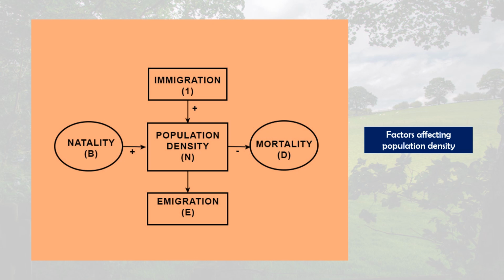So this will increase the population in an area, which gives us positive or high population density. In the case of mortality, that is death of organisms, and emigration, meaning migration of individuals outside the considered area, this will decrease the population density of the considered area. So these are the factors that greatly affect the population density.